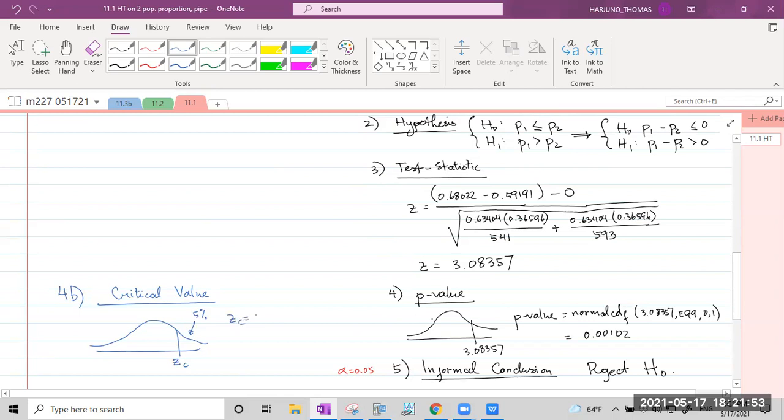The critical value is inverse norm, with the area to the left 0.95. I believe that's 1.64485. Let me check. That's right.